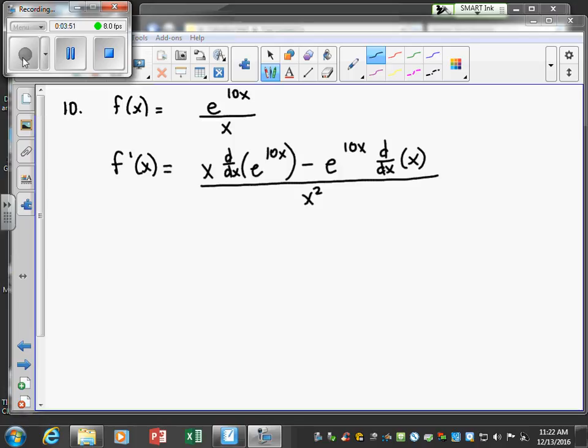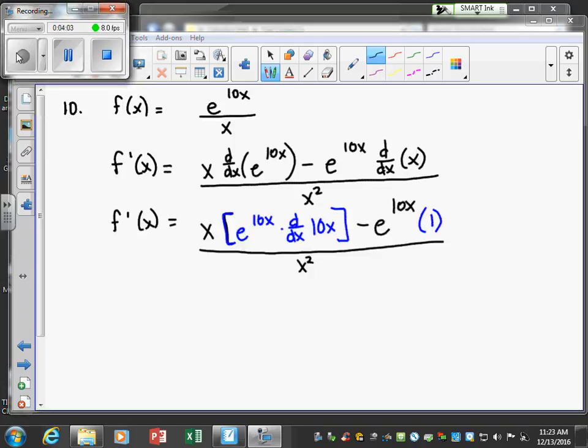Okay, so we have that set up first. Now in our numerator, we're going to take the derivative of this term, and we're going to take the derivative of this term. That'll be our next step. Next we're going to simplify this derivative in blue. What's the derivative of 10x? 10, so this is just going to be 10e to the 10x.